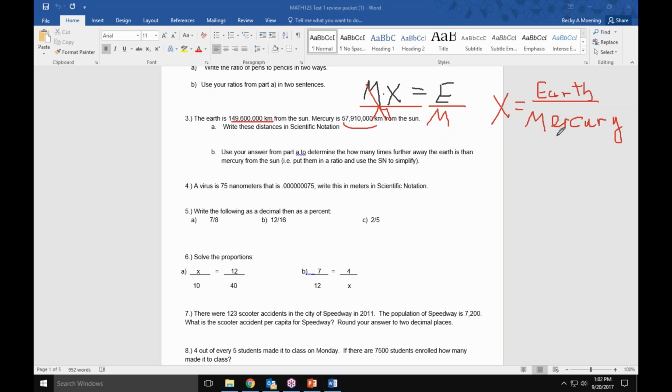Here's Mercury, that number goes on bottom, and there's your ratio. You can think of it as an equation, you can think of it as a ratio. Either way, you end up with Earth on top of Mercury, and when you divide them, you end up with the factor that you would multiply Mercury by in order to get Earth, which is very poorly worded indeed.